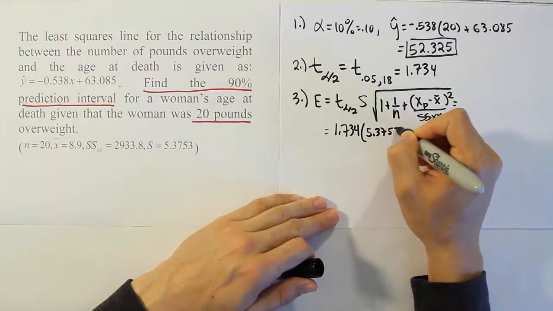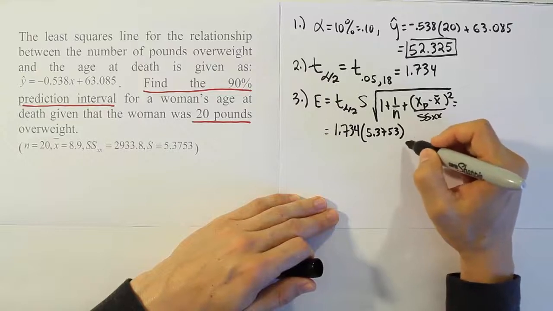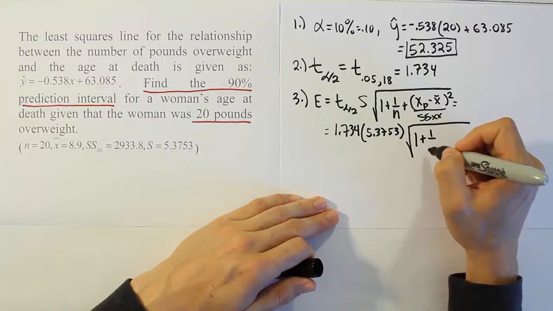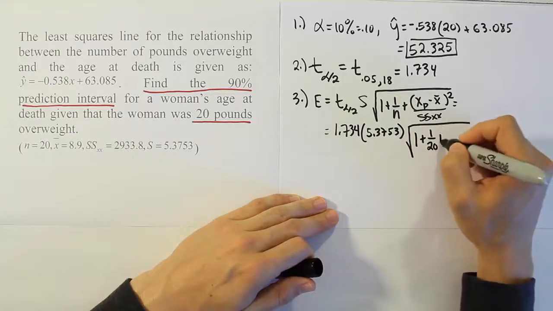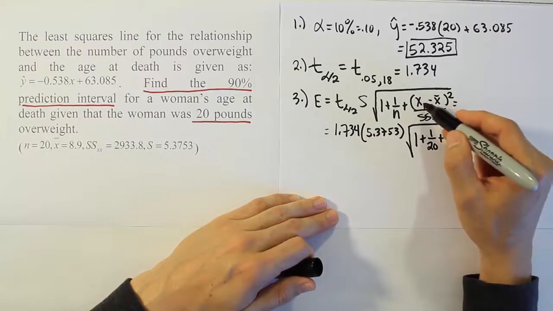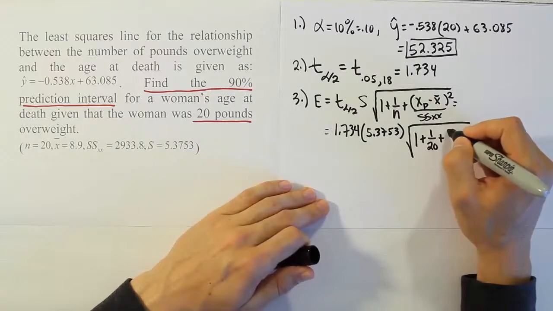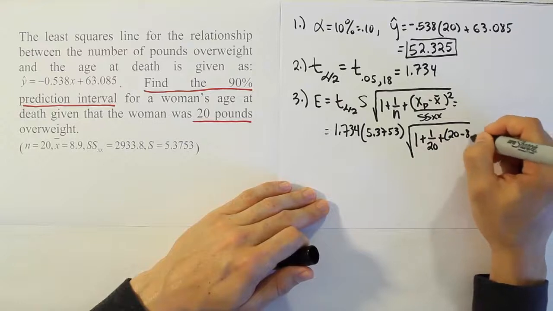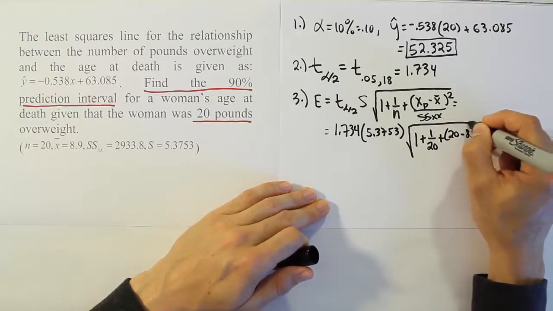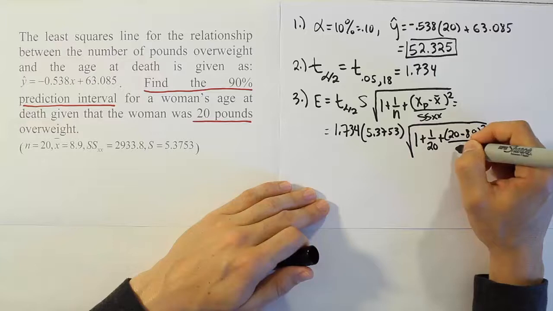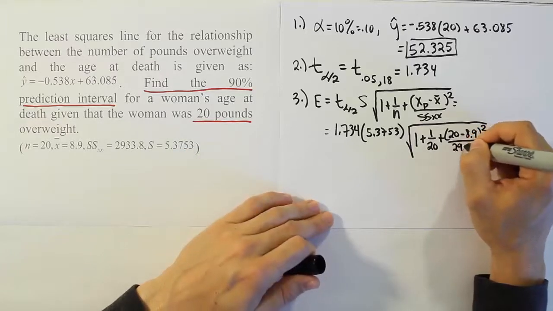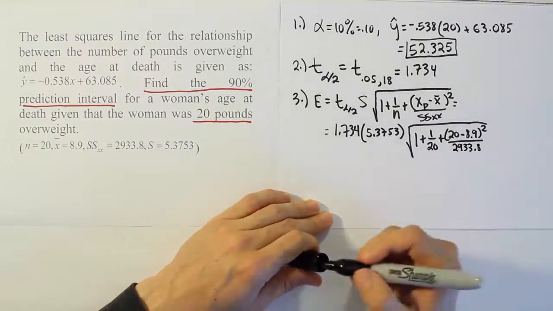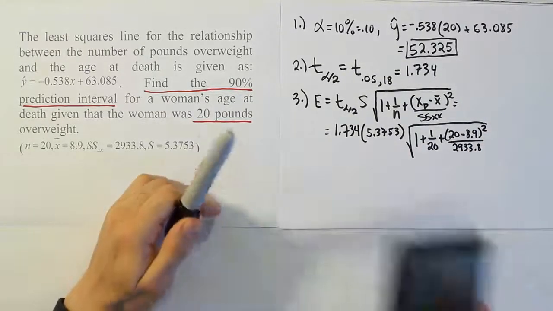Then we'll have that multiplied by the square root of 1 plus 1 over 20, n is 20 here, plus xp, the predicted value, which here is 20, minus x bar, which is 8.9, square that, and then divide by the sum of squares for x's, which is 2,933.8. Okay, let's see what that turns out to be for us.